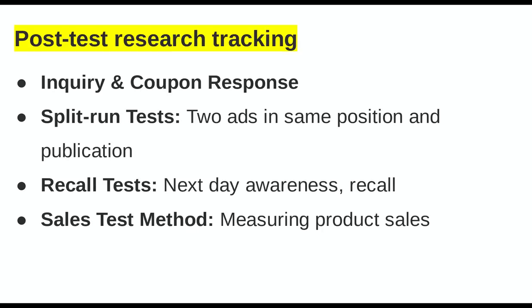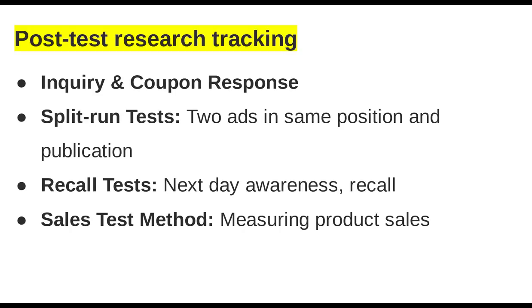And the third one you see there is recall test, which basically means people are asked to recall what they saw the day before, and try to figure out, do they remember it? Do they recall it? Is the recall aided?